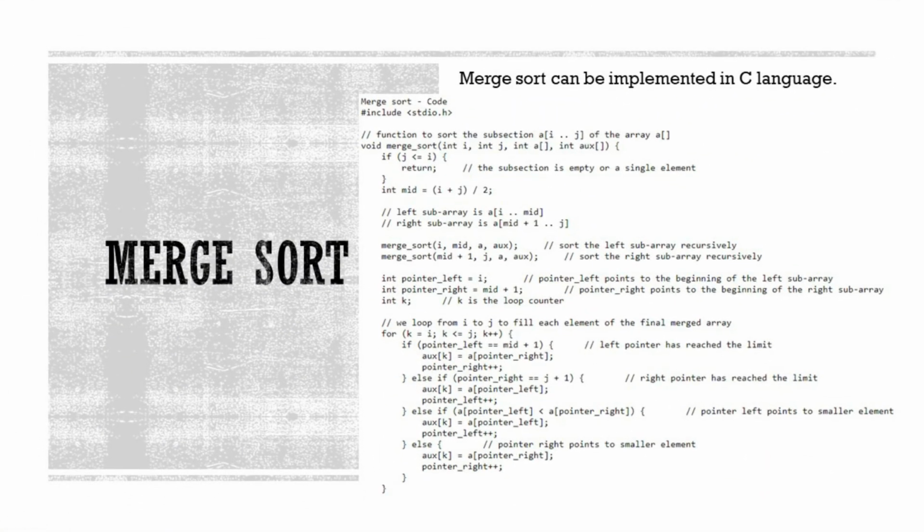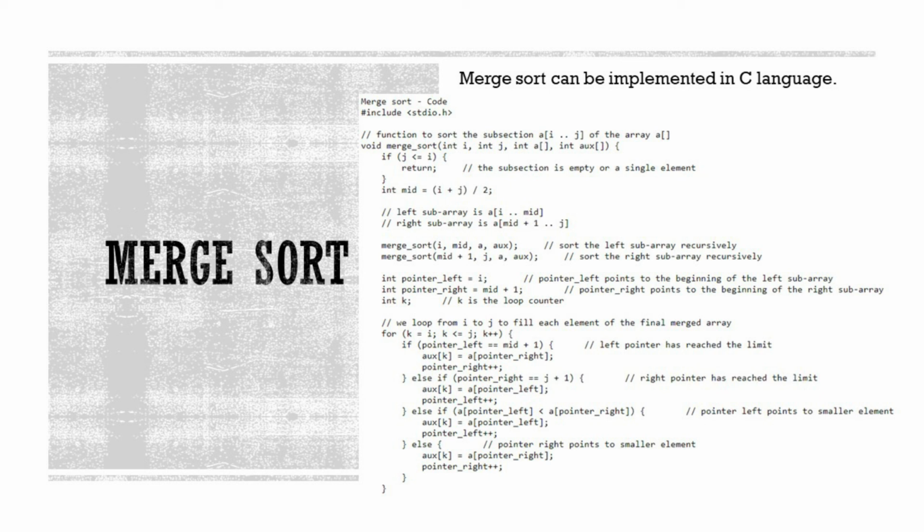So this is the implementation of the merge sort in C language. So we have void mergesort, which is a function to sort the subsection A[i..j] of the array A, and you have an if statement, which is if j is less than or equal to i, it will return, because the subsection is empty or a single element.